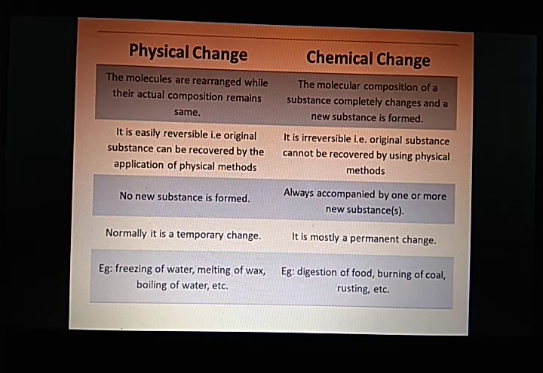Physical change is mostly a temporary change. Why is it only mostly temporary? Because not all physical changes are reversible. If I'm cutting a paper, it's a physical change because no new substance is formed. The original and the final substance remain the same, the molecular composition is the same. But can I get back the original paper by using physical methods? Definitely not.